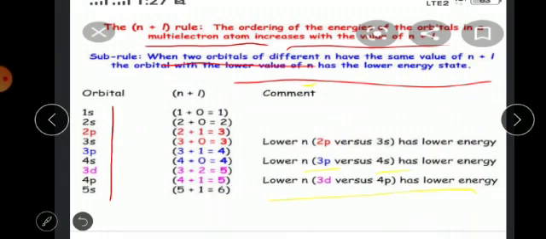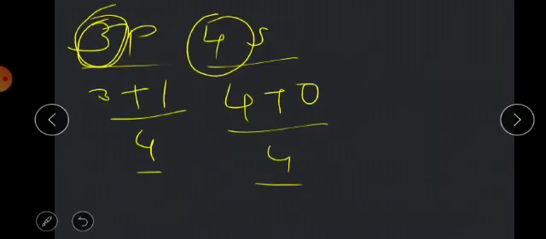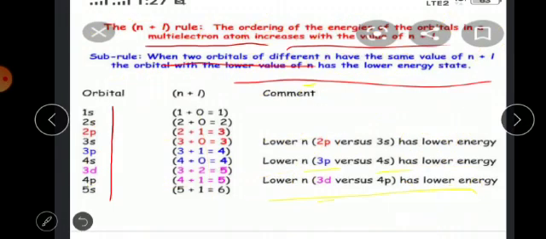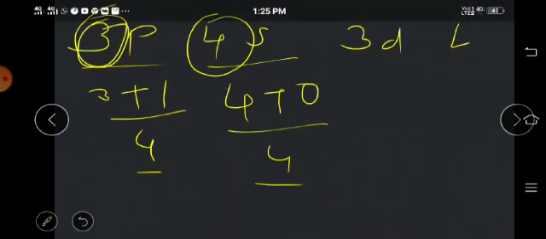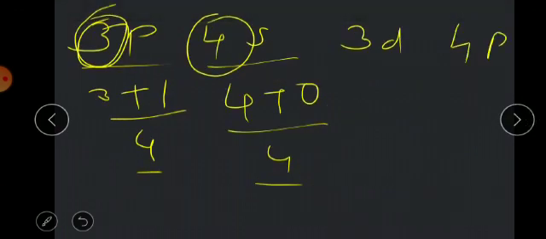The third one is what, children? 3d as well as 4p, the same value. You can tell now, what is the n plus l value? 3 plus the value of d. s is 0, p is 1, d is 2.